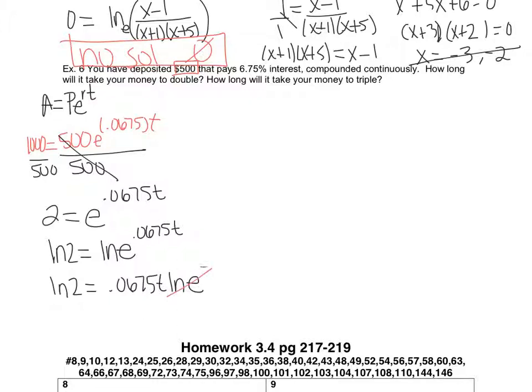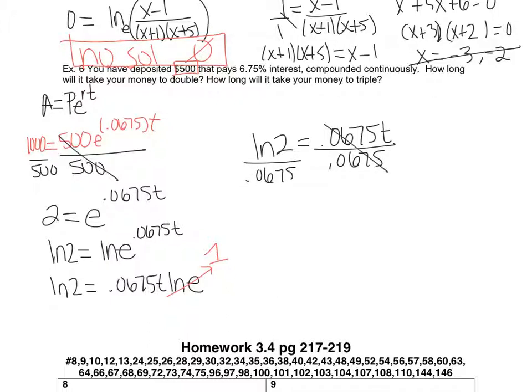Now remember, ln of e goes to 1. So now I've got ln of 2 equals 0.0675t. Divide out the 0.0675, and that's going to give us t.